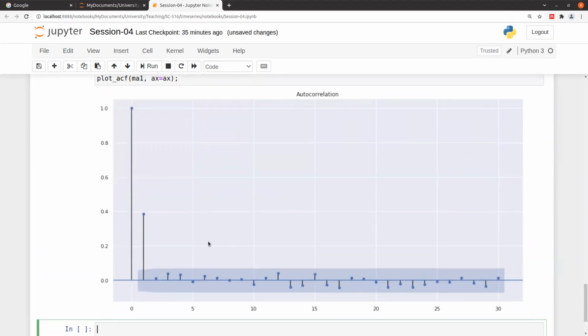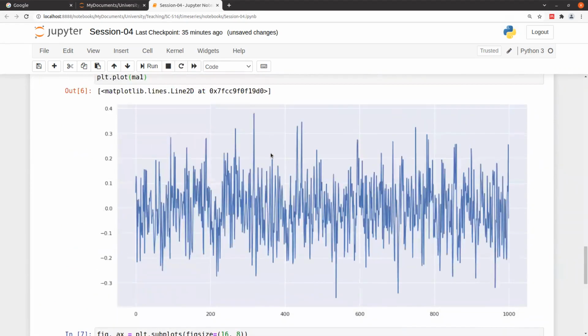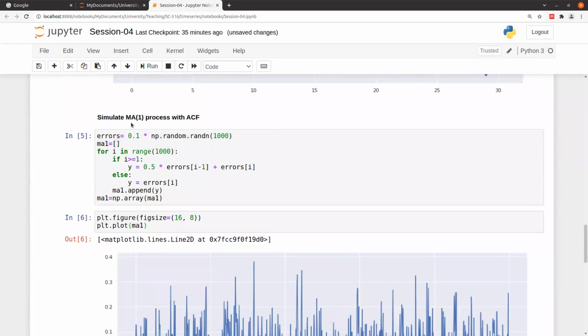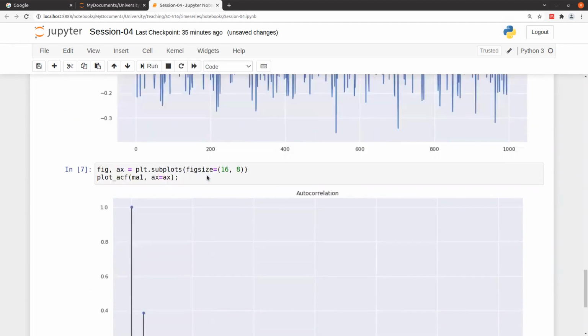It's pretty good, right? We simulated the MA1 process, the moving average order 1 process. Then we want to check whether our ACF plot will identify whether it's a moving average 1 process, because we are simulating it, right? Actually, it has identified it.